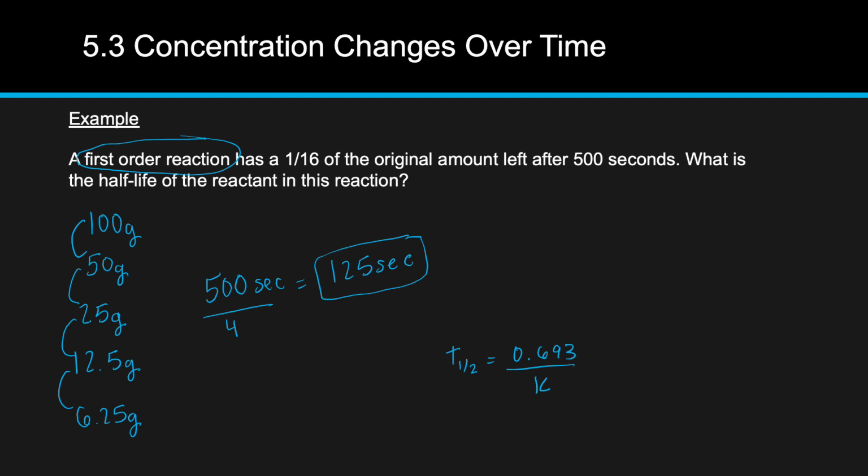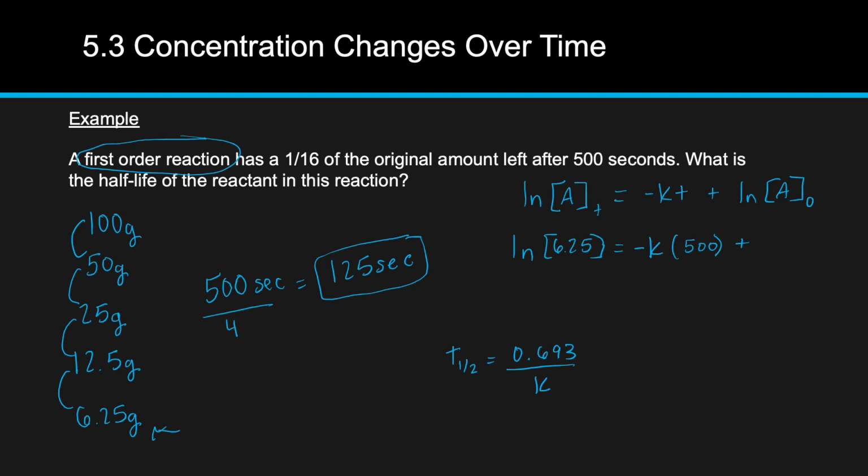So we know it's first order, so it's going to be the natural log of the concentration at any time equals negative k times time plus our natural log of concentration at 0 time. So we are looking at the ending amount of reactant. So we're going to take the natural log of 6.25, and then we are solving for k, and our time is 500 seconds.